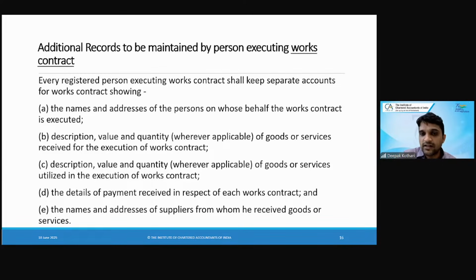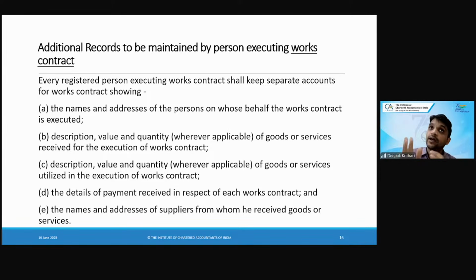Clear on works contract? Can Brigade also be in works contract? Generally no, because these big builders do not provide works contract. They provide construction of complex services.